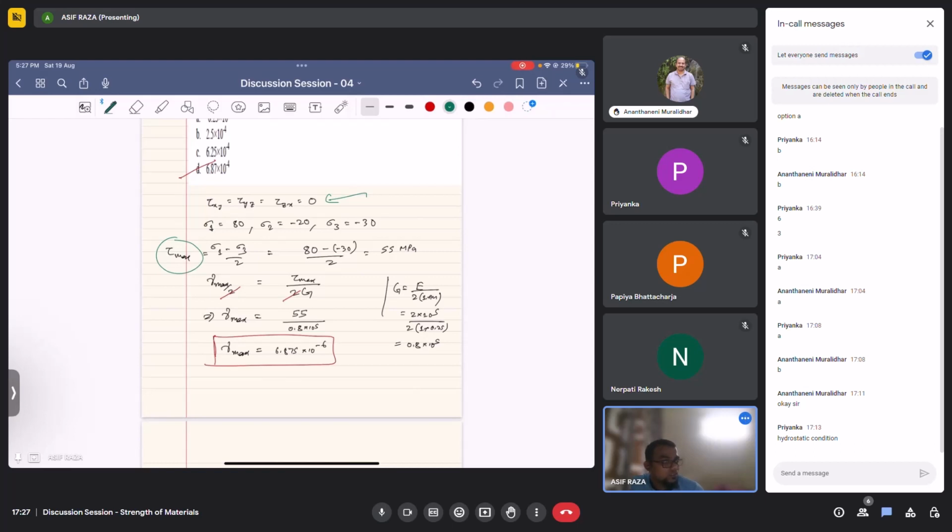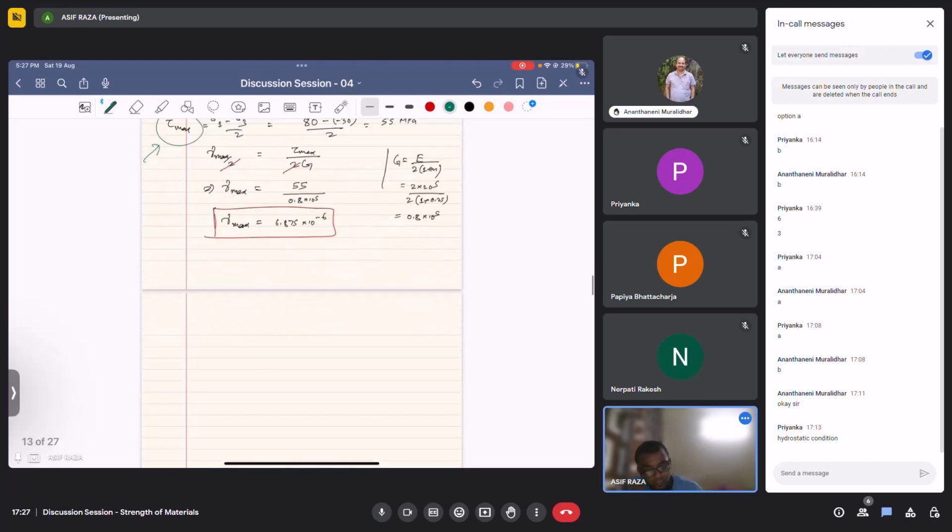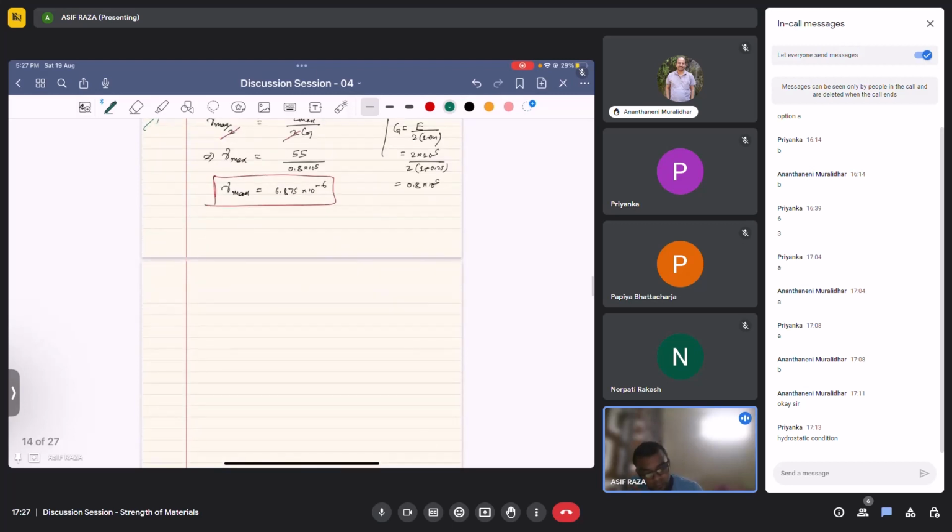So to find this, we need to find for all the directions. In the xy direction, tau xy max would be equal to root of sigma x minus sigma y by 2 whole square plus tau xy whole square.